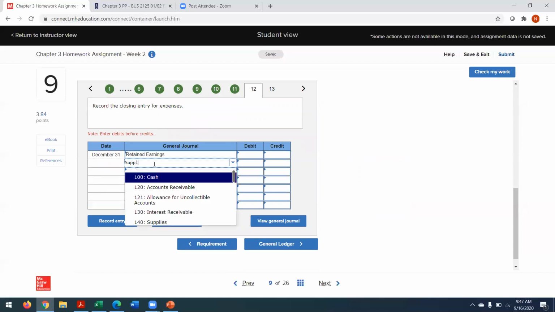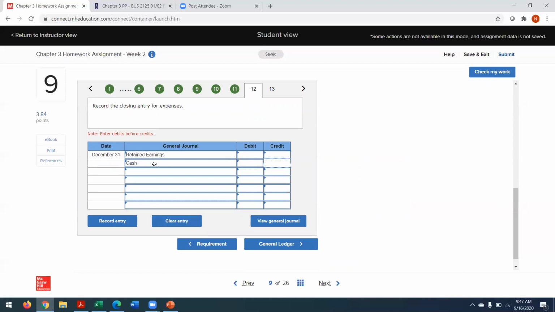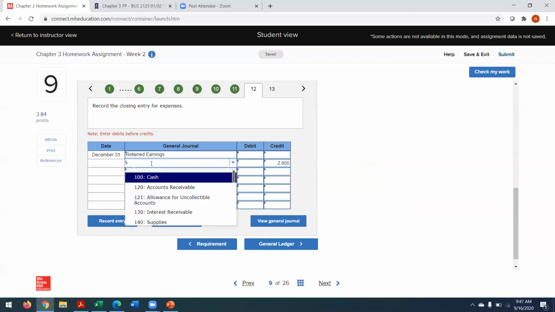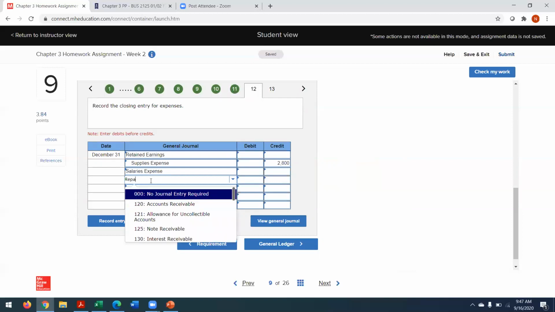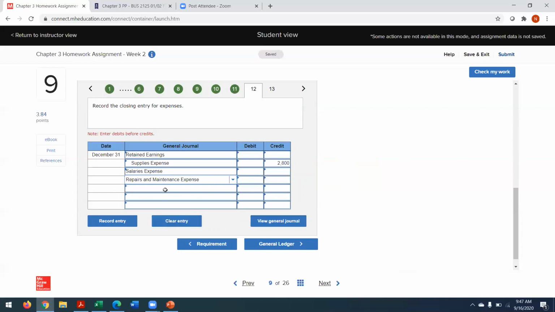we had a supplies expense for 2,800. We had salaries expense for how much? We had repairs and maintenance expense.